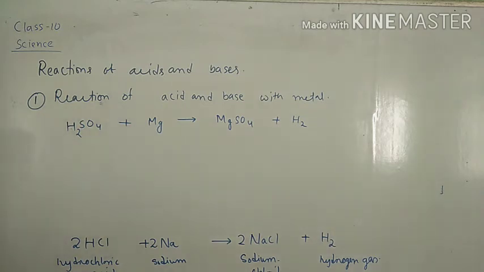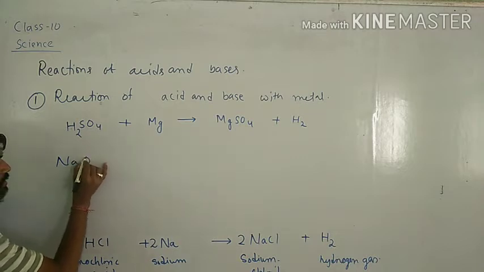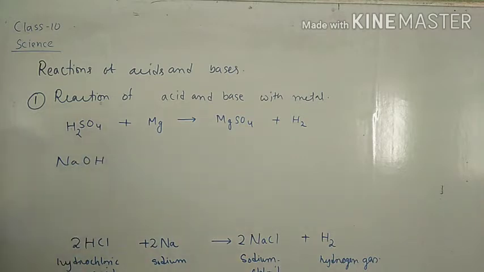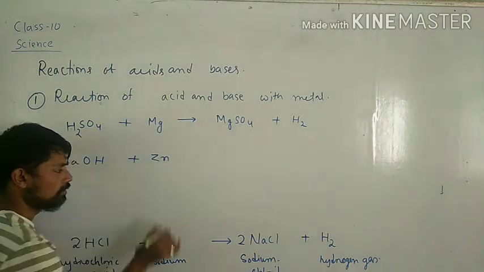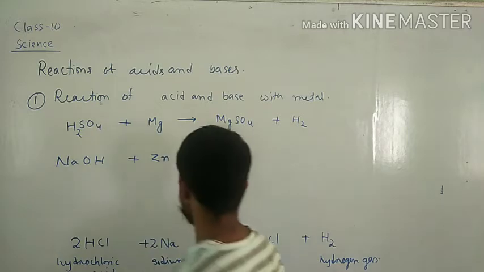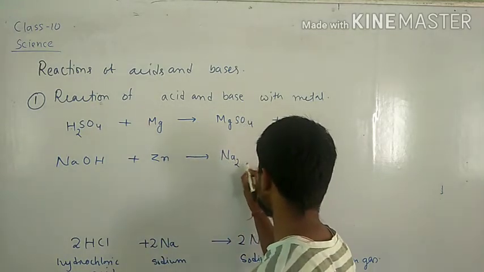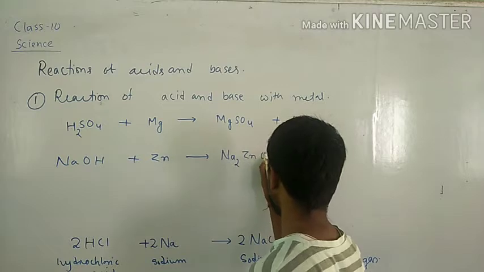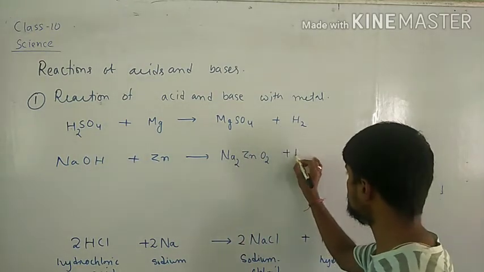Now we will see reaction of base with metal. Sodium hydroxide, which is a base, reacts with zinc, which is metal. It produces a salt, whose name is sodium zincate, and formula is Na2ZnO2, plus hydrogen gas.